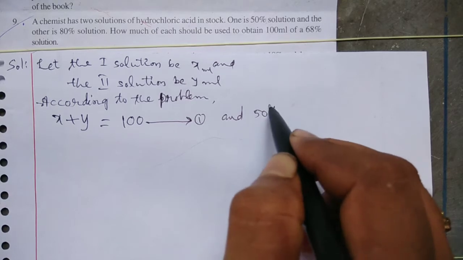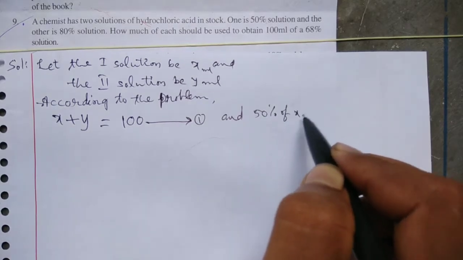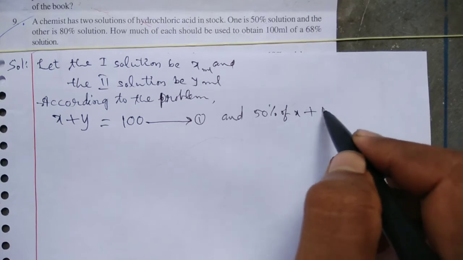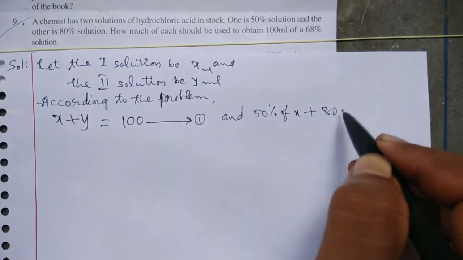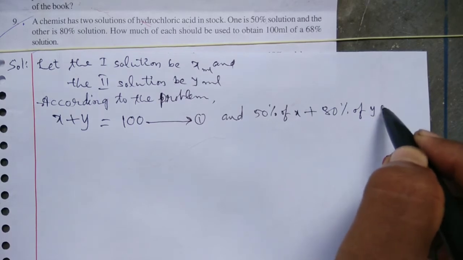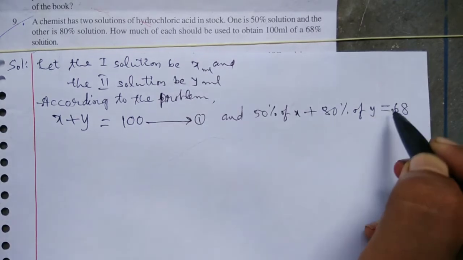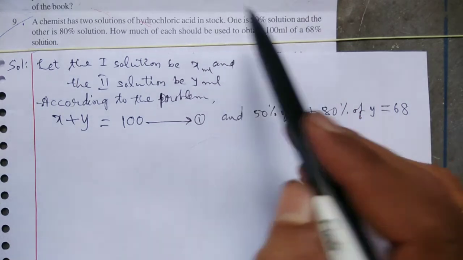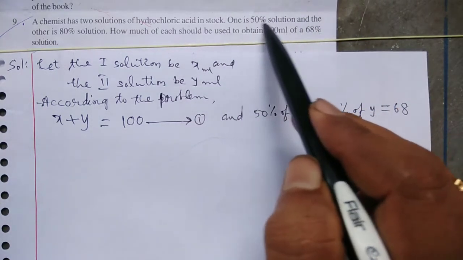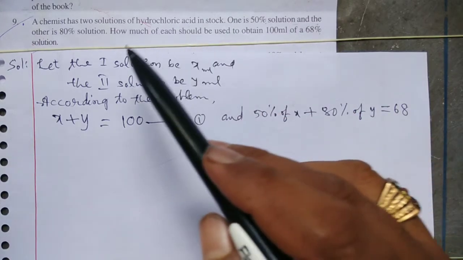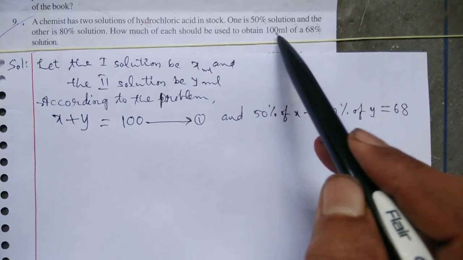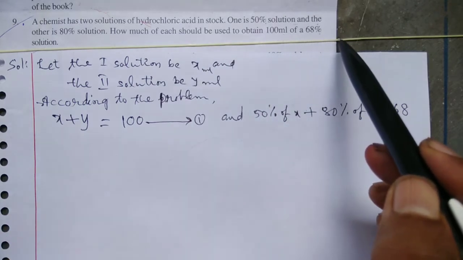And 50% of x plus 80% of y is 68% of 100. So here we have 68%. One is 50% solution and the other is 80% solution, and we want 100 ml of 68%.